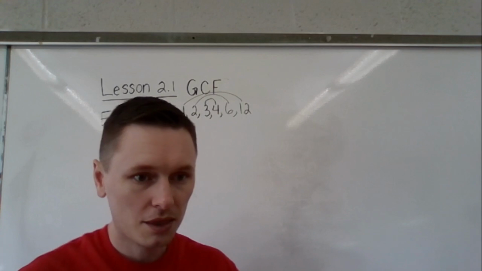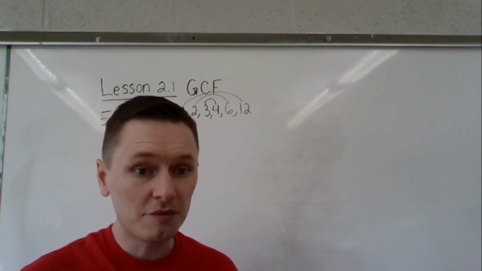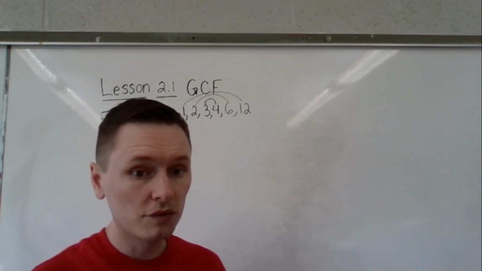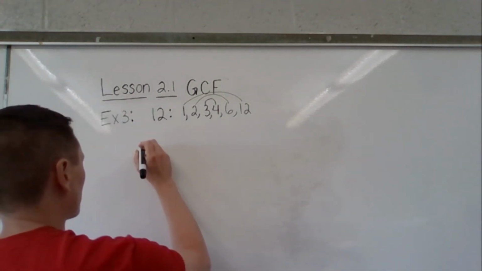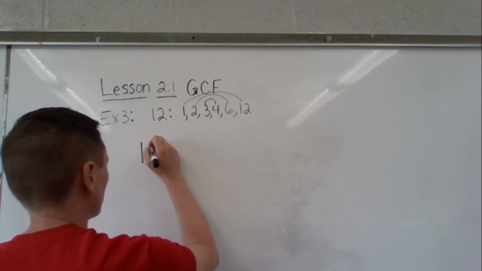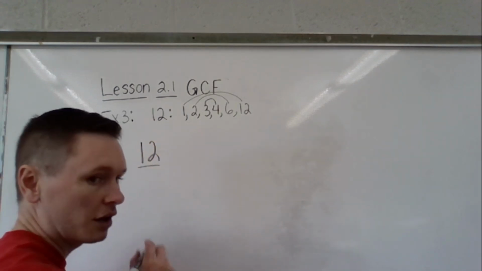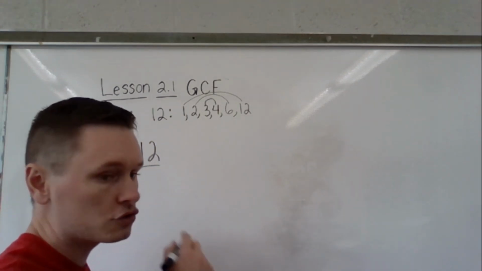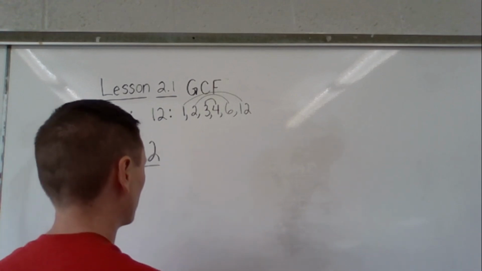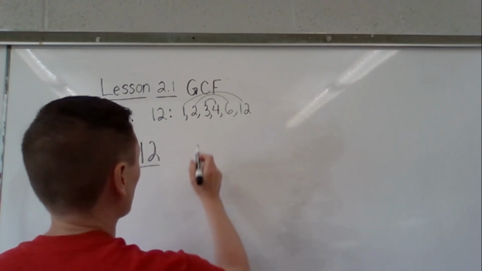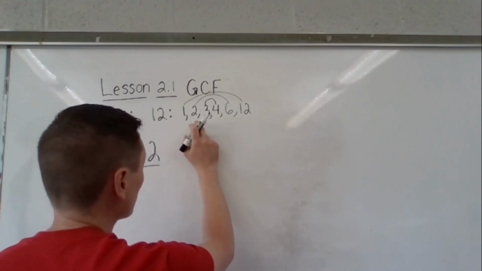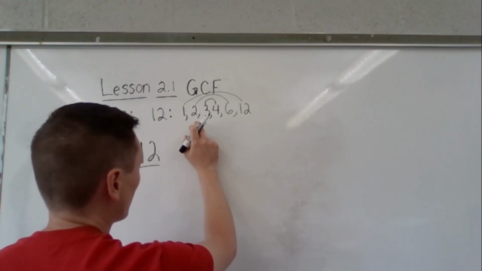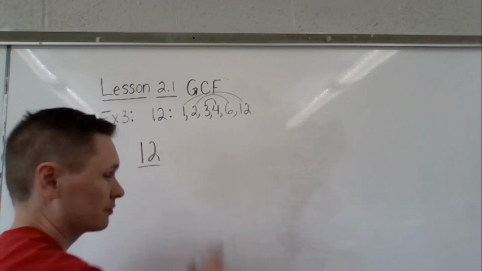Okay, so prime factors of 12 are 2 and 3. So I'm going to underline that. And that's because these are factors of 12 that are prime numbers.